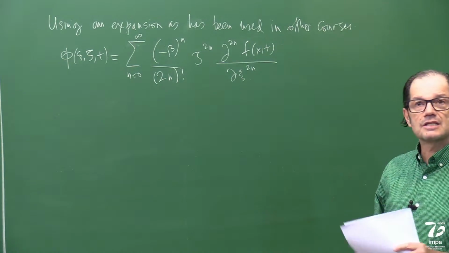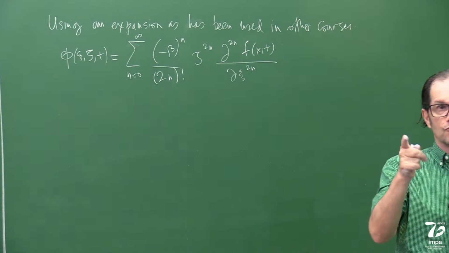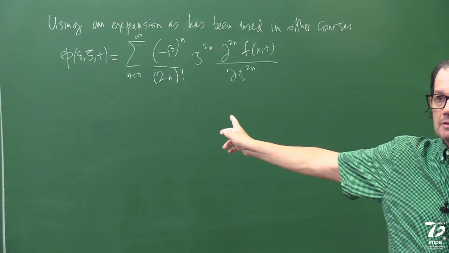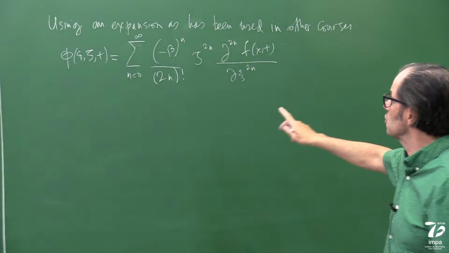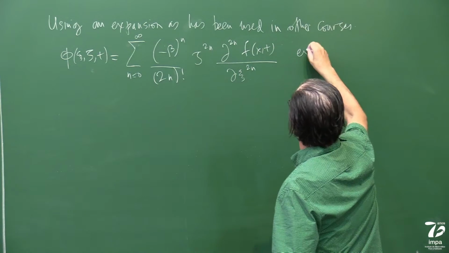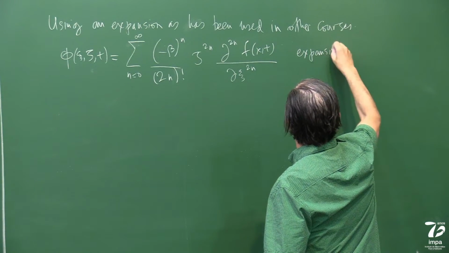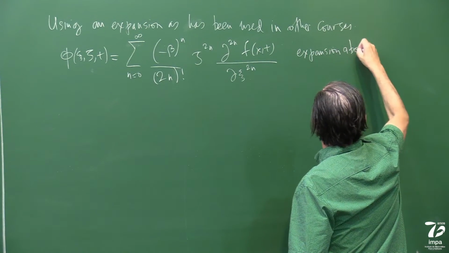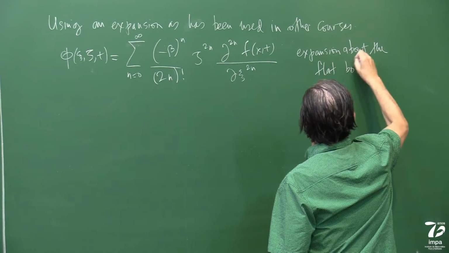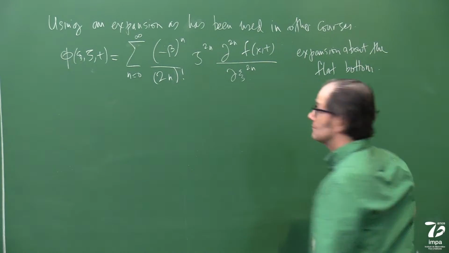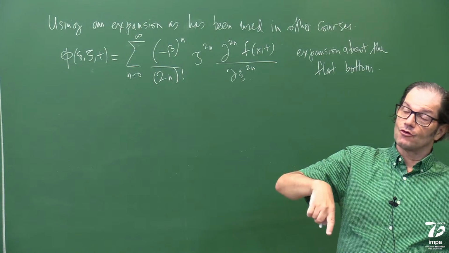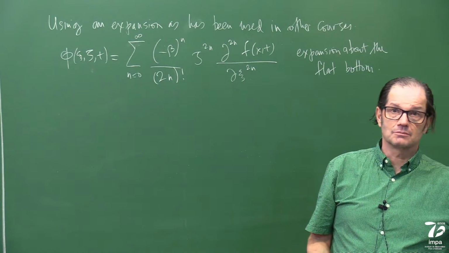So this is an expansion. Those of you who did PDEs and applications or fluids, do you remember something like this? Right, which is the potential. This is an expansion of the potential about the flat bottom. So in the course, we saw it over the physical flat bottom.